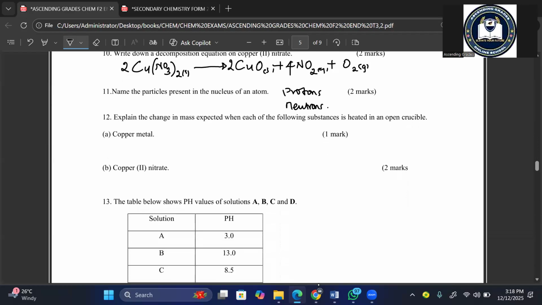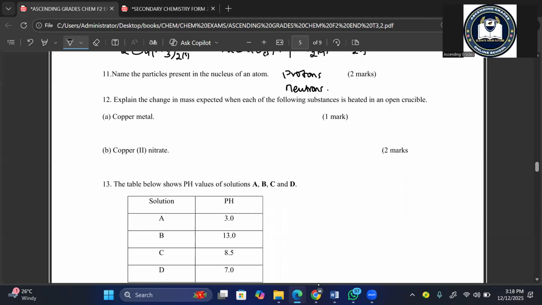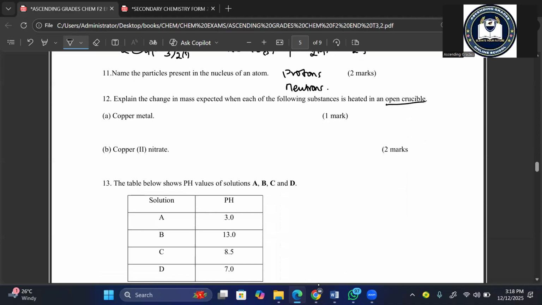Explain the change in mass expected when the following substances are heated in an open crucible. So in this case, we expect recombining and we expect decomposition. So in copper, there will be an increase in mass. And the reason is because it combines with oxygen to form copper 2 oxide.